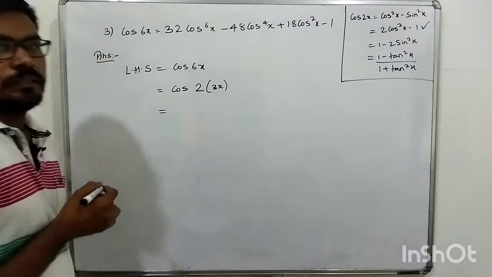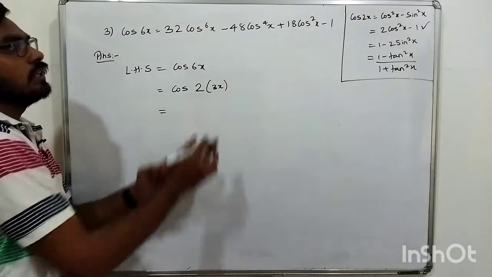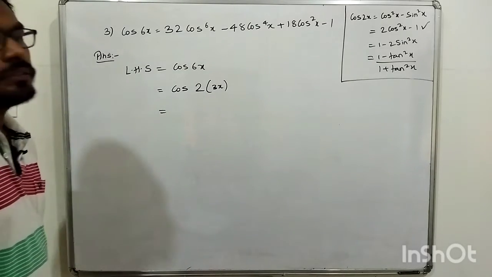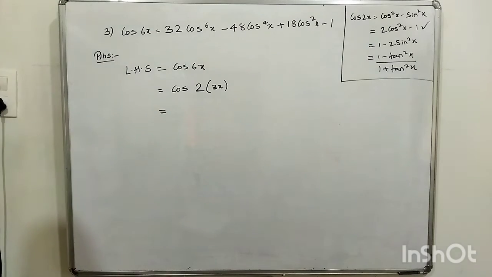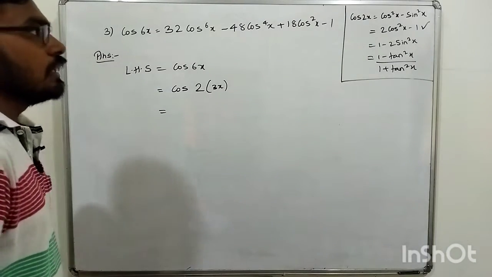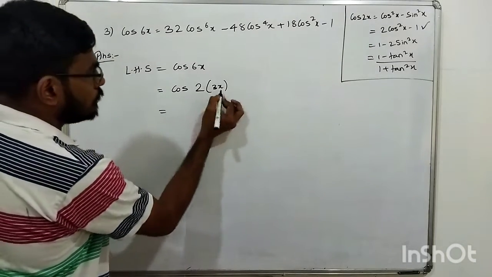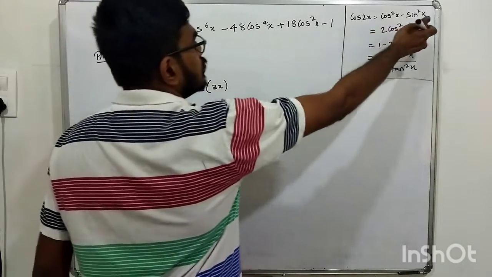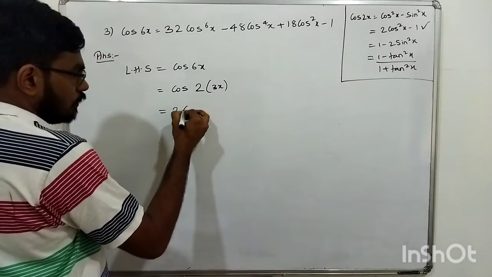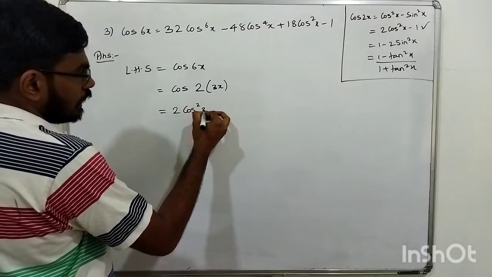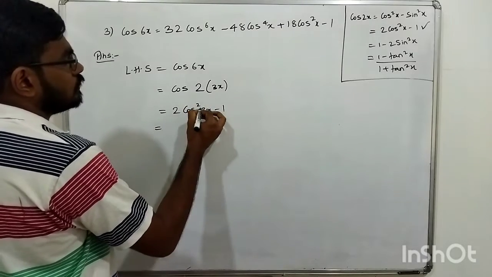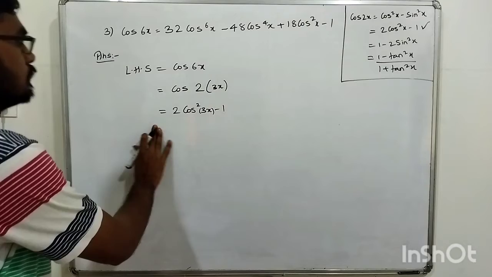Now we can use this formula. You can either do this or you can use the triple angle formula also. Okay, I'll show you how. So cos 2 of 3x is what? If you substitute here, you'll get 2 cos square 3x minus 1, correct?